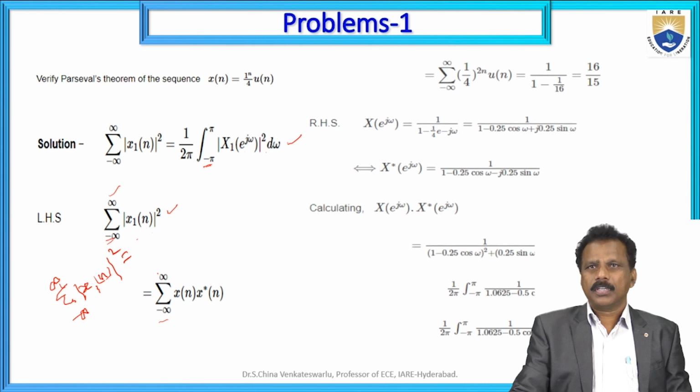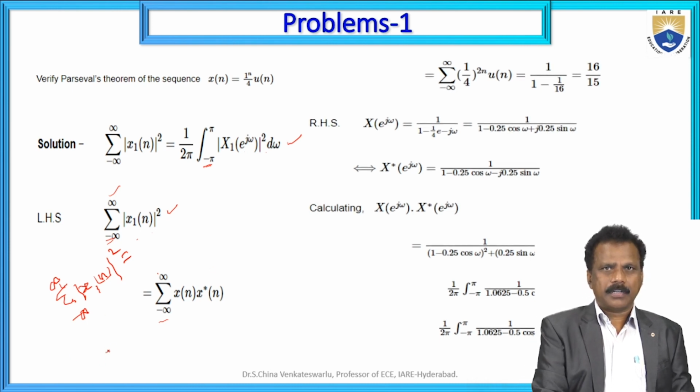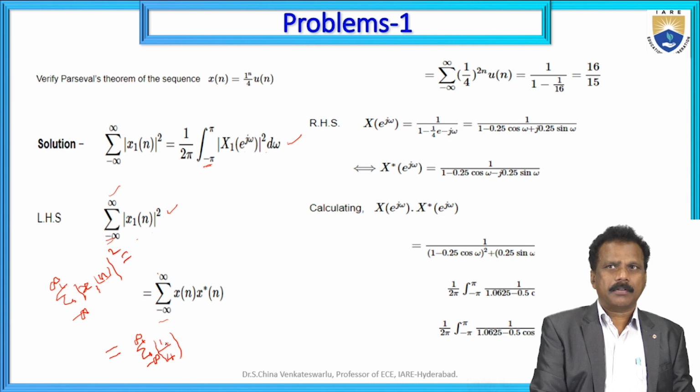So here, after simplifying this, the LHS value is equal to the summation from minus infinity to plus infinity of 1 by 4 power 2n into u of n, according to the given data.